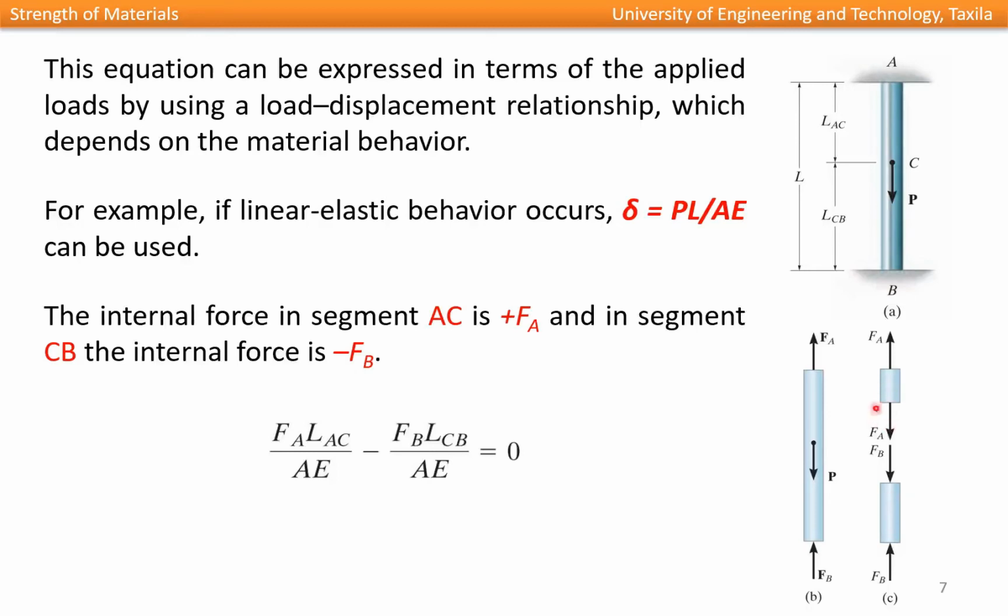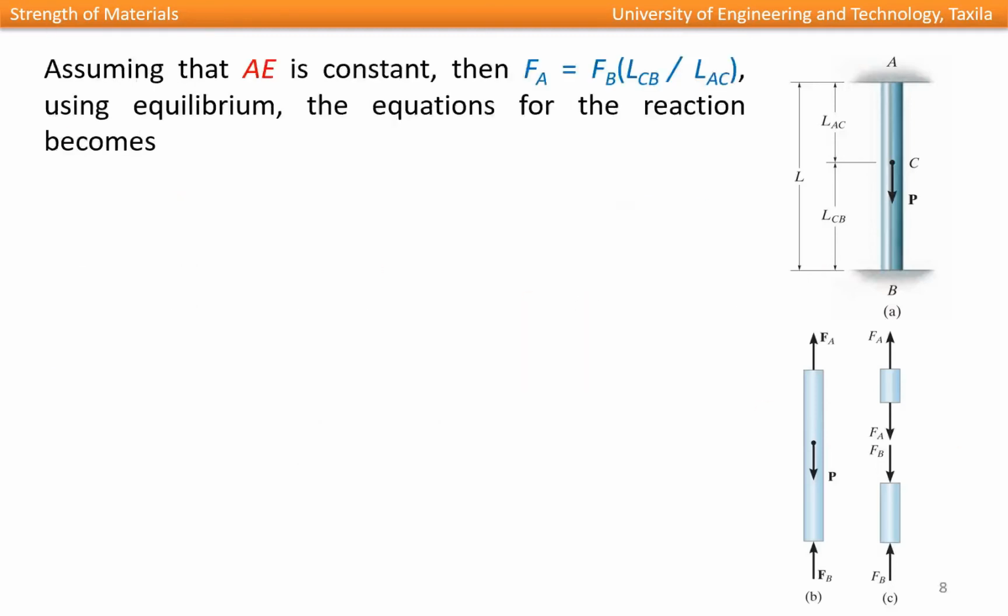The individual displacement in this segment is FA times LAC over AE, and in this segment the force is FB, times the length of this segment, LCB, divided by AE, and their summation must be equal to 0 to satisfy the compatibility equation.